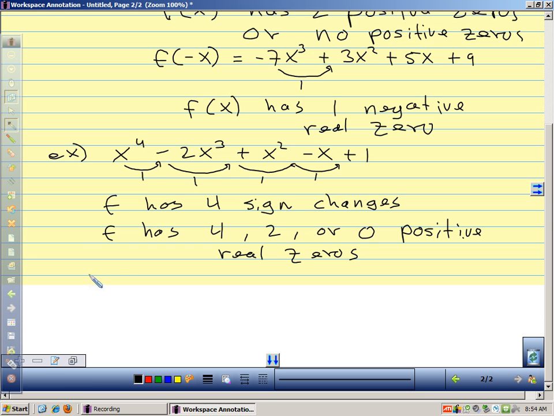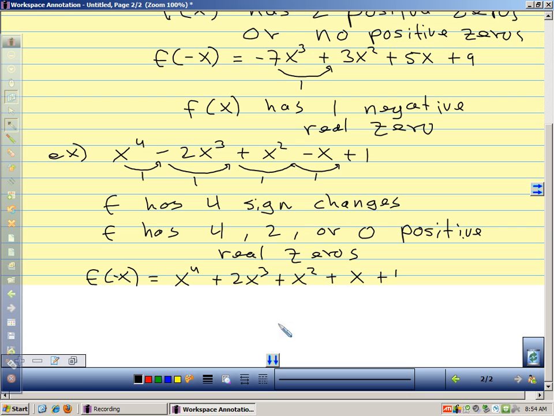And let's look at f of minus x. If we plug in minus x, this stays positive. So I have x to the fourth. Minus x cubed, I'm going to get a minus, so that'll change that sign. This doesn't change that sign. Change this one to a positive.